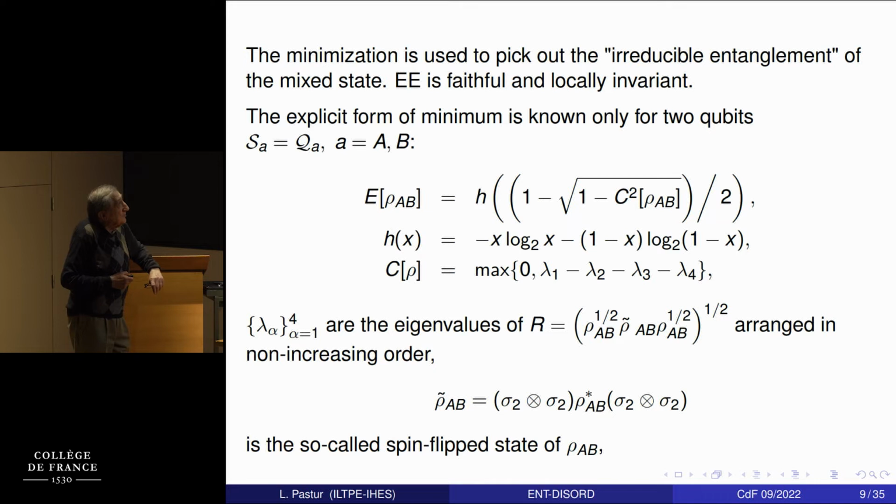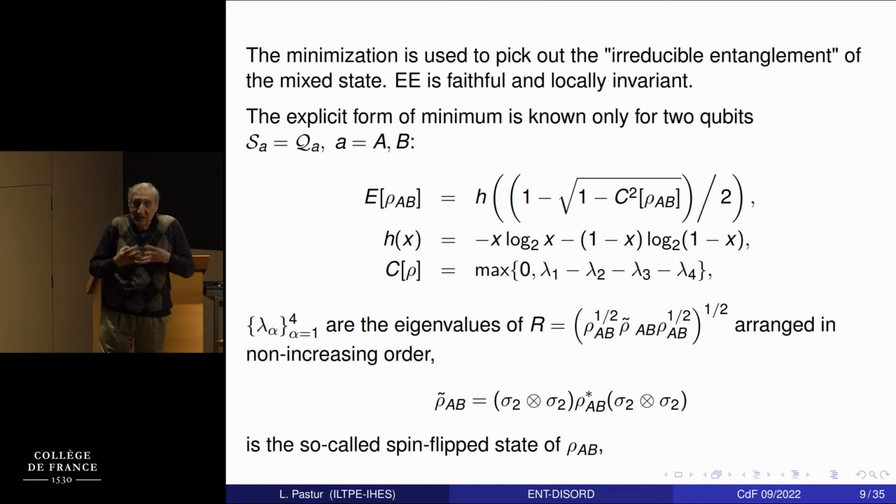And C is called concurrence. It also has a quite complicated definition. I do not even bother you with a lot of explanation. I just would like to say that we are fortunate because for many interesting systems, including qubits, there are simple formulas with which you can pass these serious things.